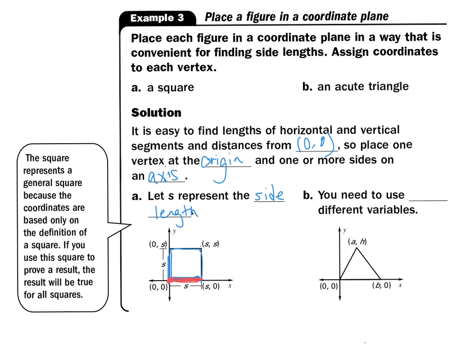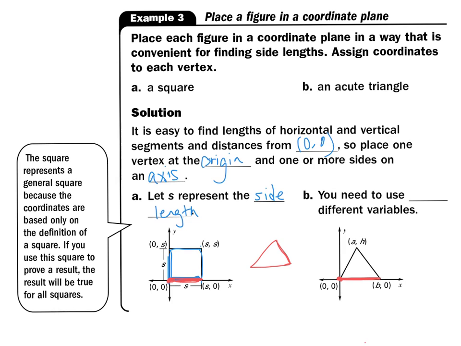And same thing with example B, we're asked to put an acute triangle on the plane. An acute triangle, we all know, is one where all three interior angles have to be less than 90 degrees. So you just pick one side, put it on the axis, and make sure that one of the vertices is on the origin.